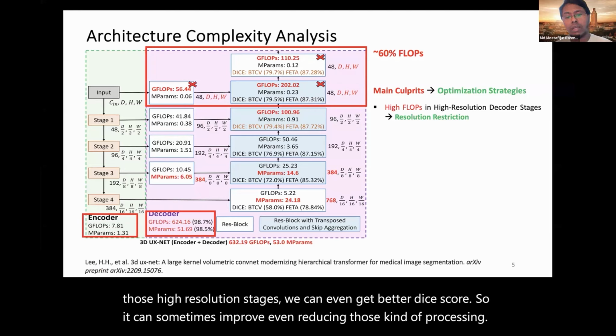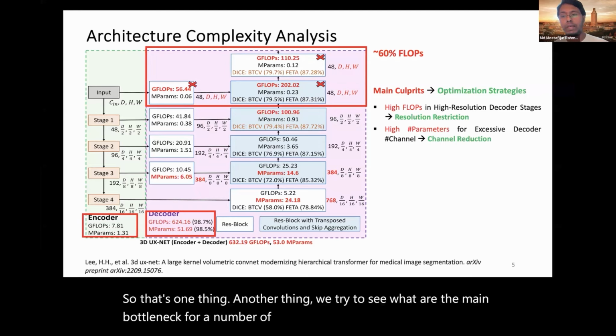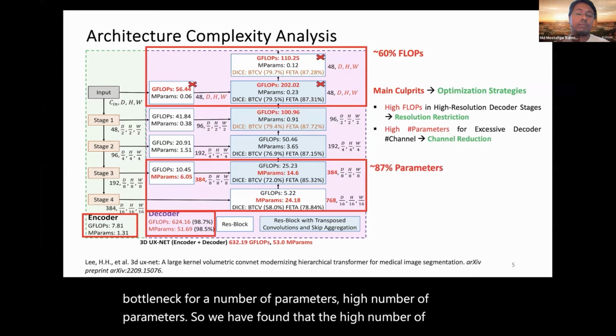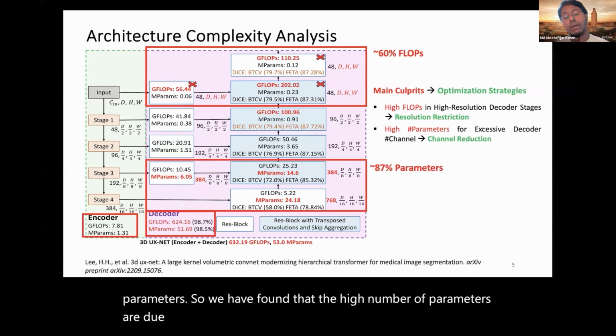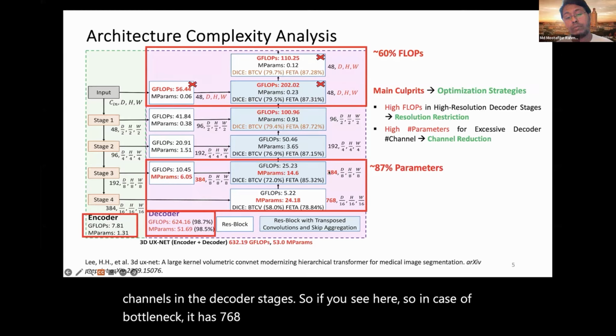Another thing, we tried to see what the main bottleneck for the number of parameters is. We found that the high number of parameters is due to an excessive number of channels in the decoder stages. If you see here, the bottleneck has 768 channels, and the next stage has 384 channels.